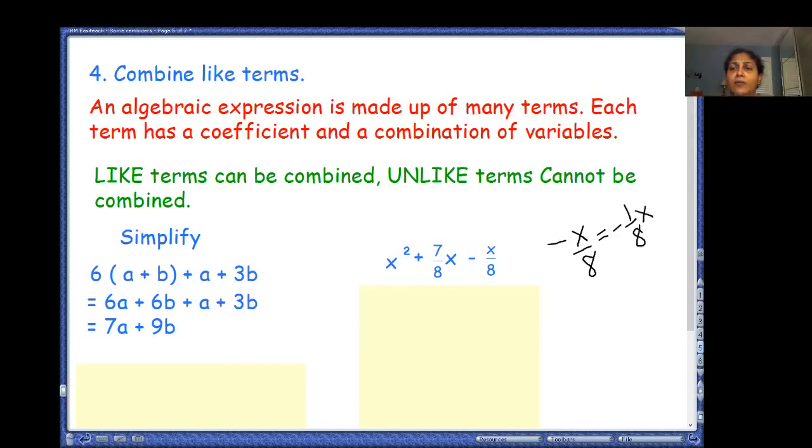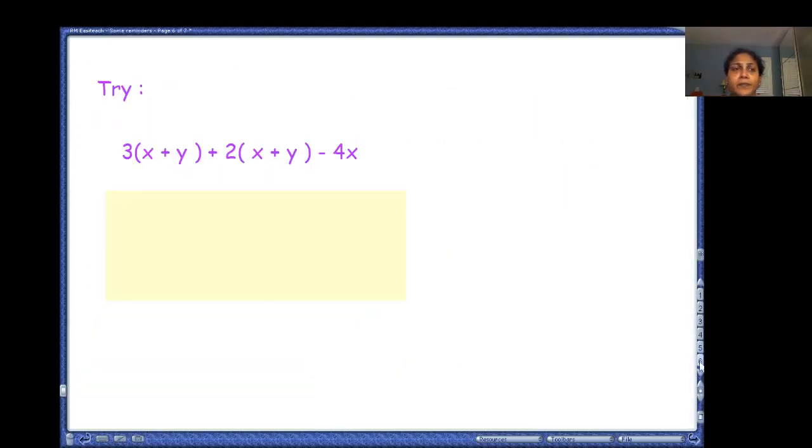And so, when you simplify, it becomes 6 over 8, but you must always reduce fractions. So it's x squared plus 3/4 x. I want you to try this by yourself. Once you're finished, you should check the answer, but pause the video right now.